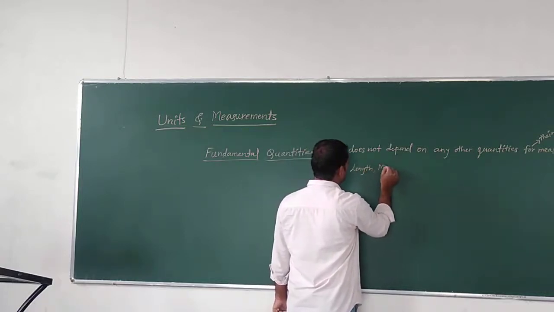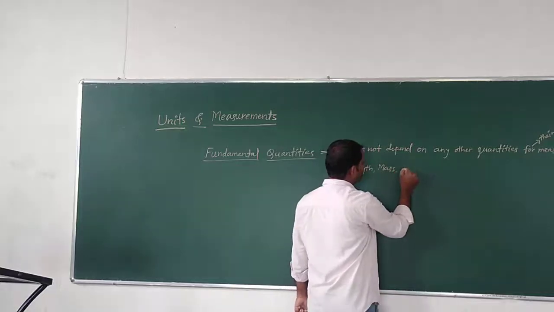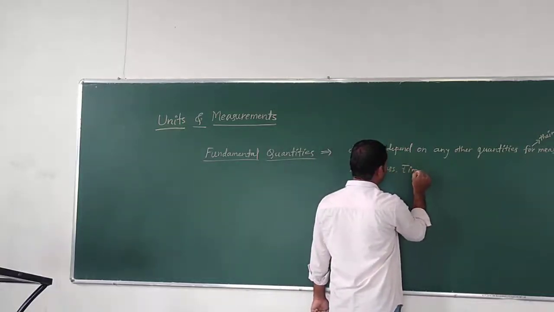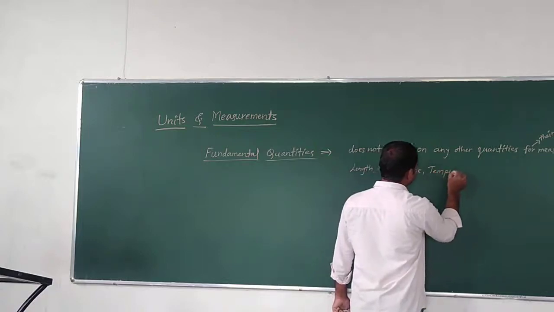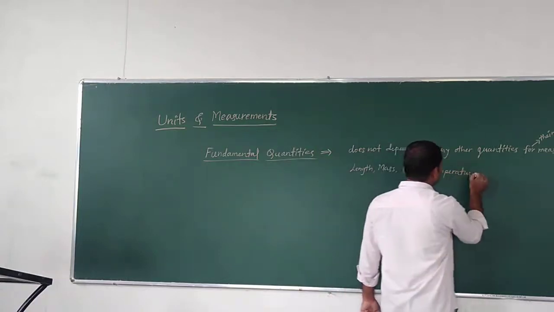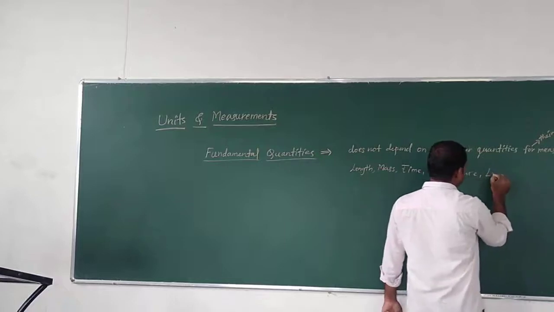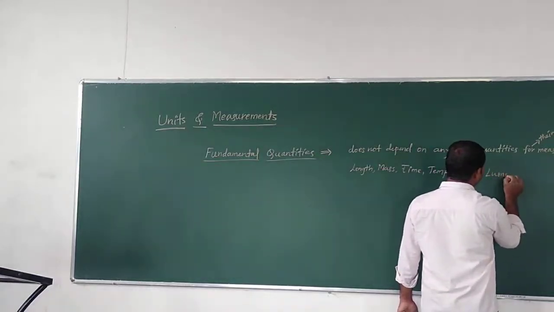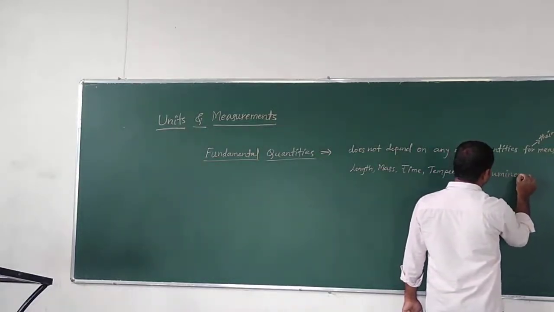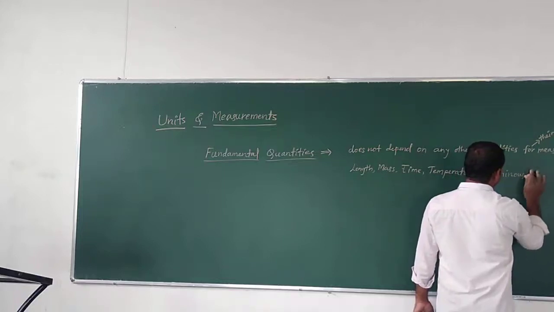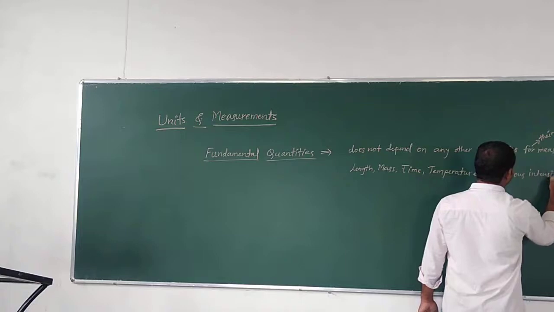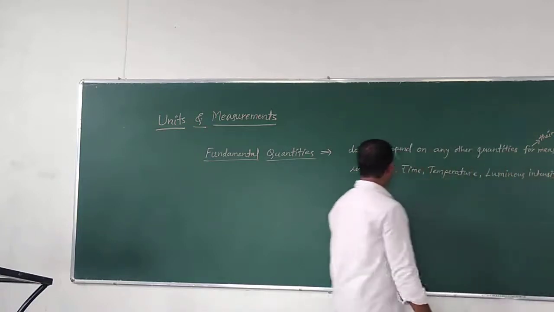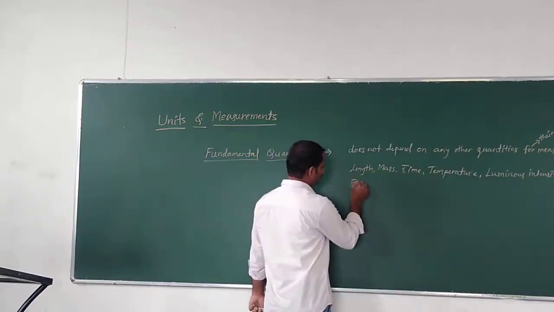So I will write here: length, mass, time, temperature, luminous intensity, then electric current.